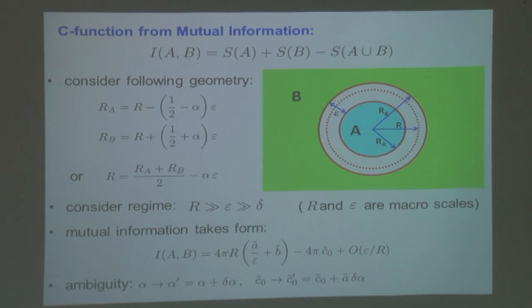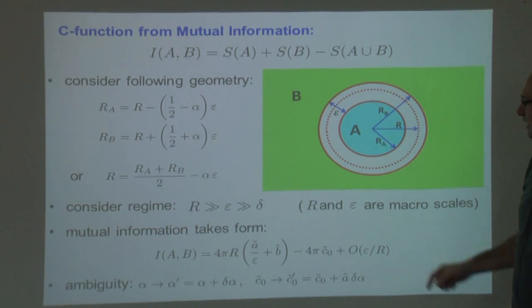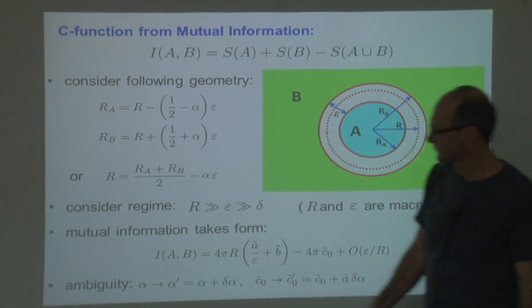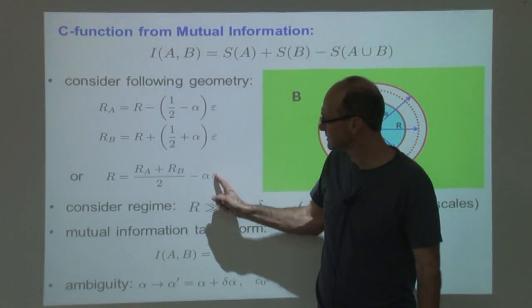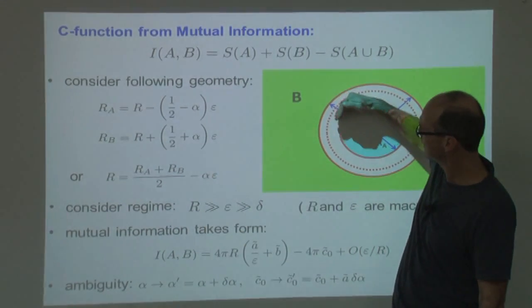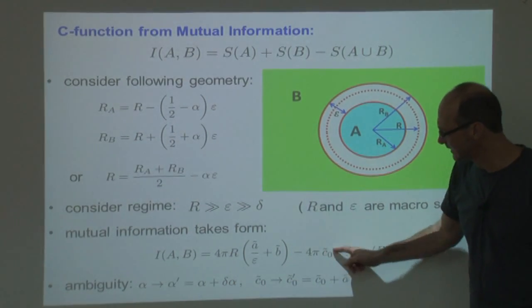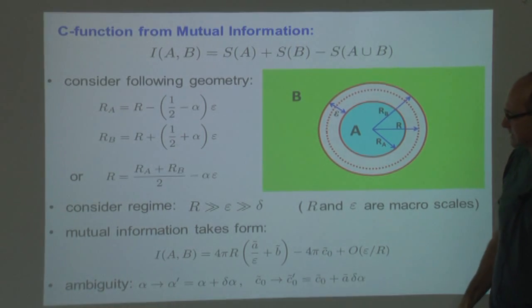But notice, because I didn't quite tell you where this epsilon is, I didn't quite define this C naught, because if I shifted alpha, so alpha is this parameter here, so if I move the epsilon or the dotted line a little bit, then I'm redefining what that C naught is.